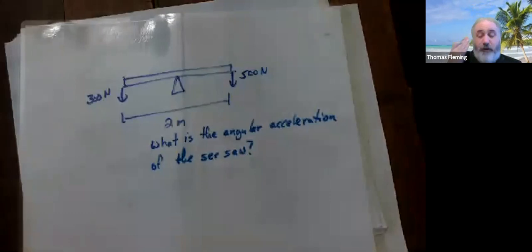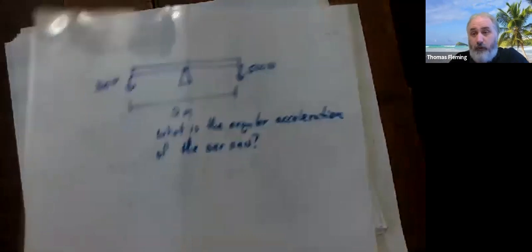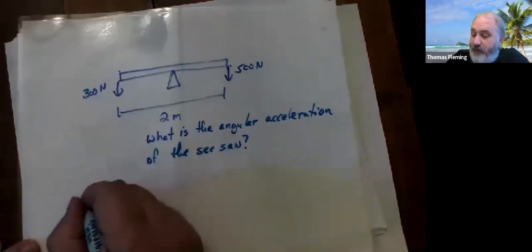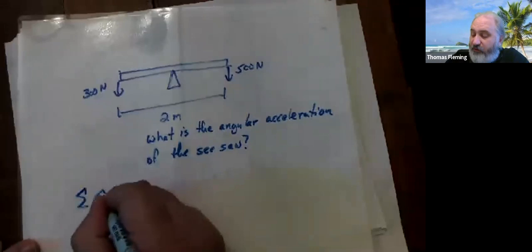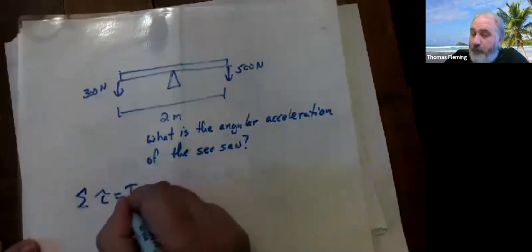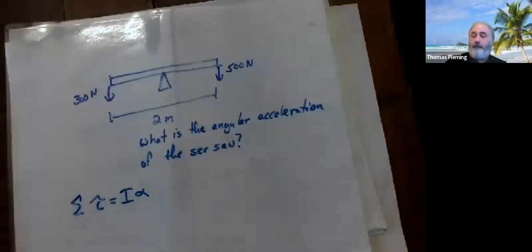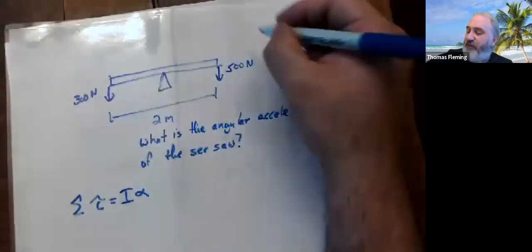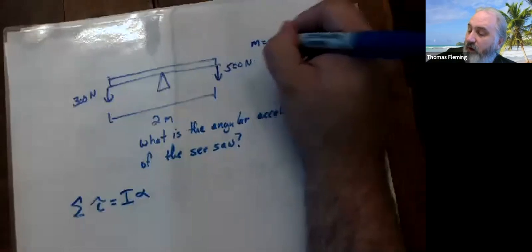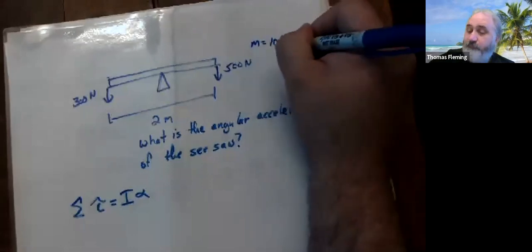Well, it's pretty easy to figure out because what we have is the rotational equivalent of Newton's second law. We know that the sum of the torques is equal to I times alpha. I should probably specify a mass for this thing. Let's say that the seesaw has a mass of 10 kilograms.